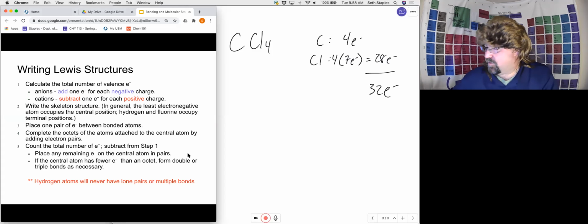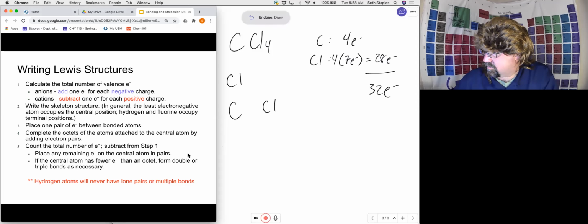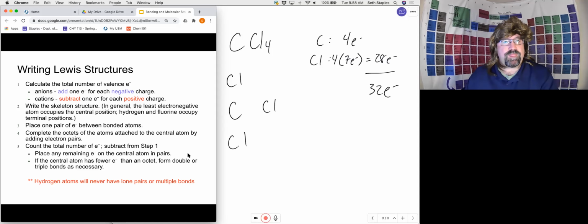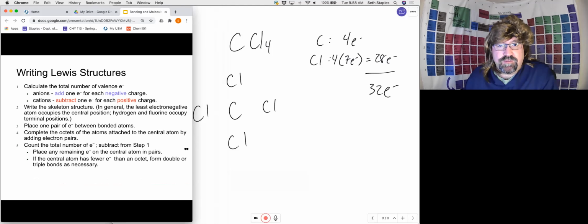There we go. So carbon's going to go in the middle. We're then going to place our other atoms around carbon, leaving carbon central. So there's our skeleton structure. There's step 2. Step 3, we're going to place 1 pair of electrons between the bonded atoms.